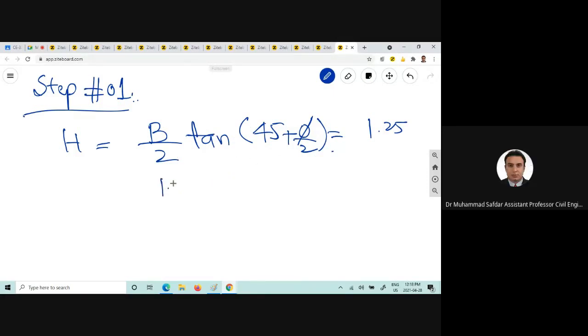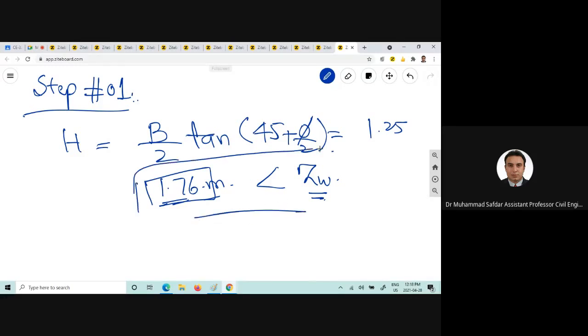Yeah, okay. Thank you very much. I thought maybe there is an error. So it's 1.76, which is less than the depth of the water table. So no effect of the water table. Okay, so we will ignore the effect of water table. If it was greater than the depth of the water table, then we are going to use the effective unit weights for that third portion.